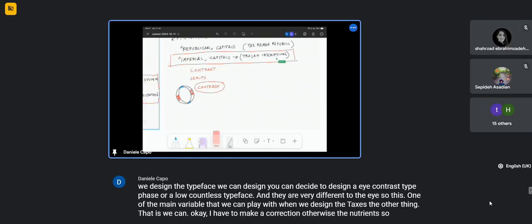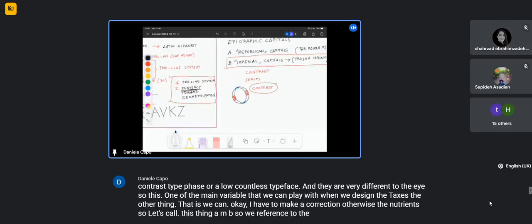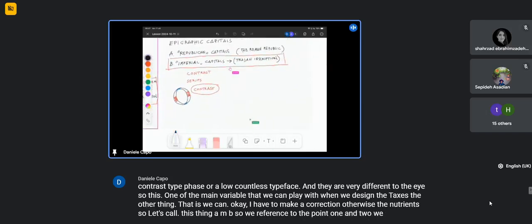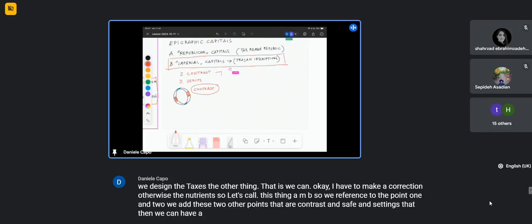So let's call this thing A and B. So with reference to the points 1 and 2, we add these two other points that are contrast and serifs. Then we can have a sub-point, let's call it 2B, that is the axis.